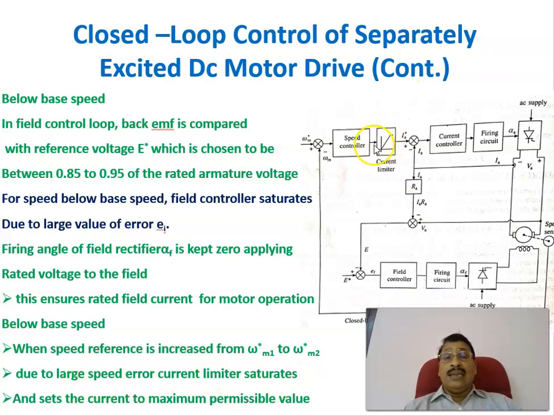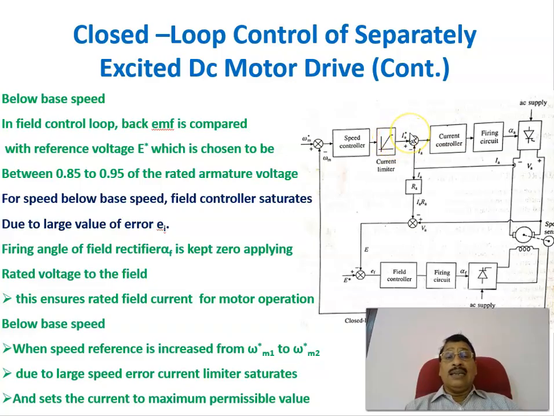The large error coming here saturates the current limiter, and it sets the current reference to the maximum permissible value.